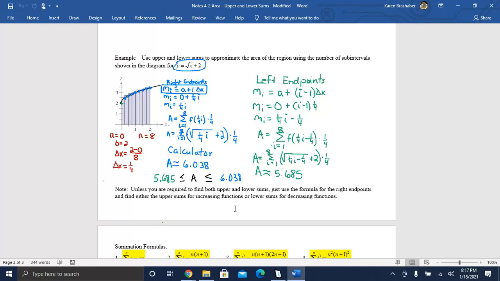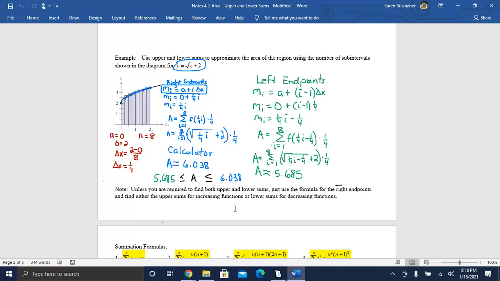And so this is what we do when we do numerical approximation using right endpoints and left endpoints. And I will tell you that you may just be asked to find an approximation, but not both the upper and the lower sum. So if that is the case, then by all means use the easier formula, the one for the right endpoints.